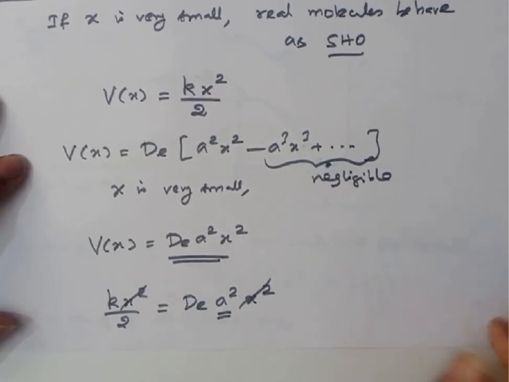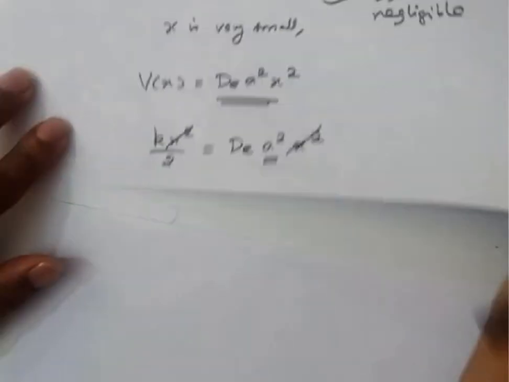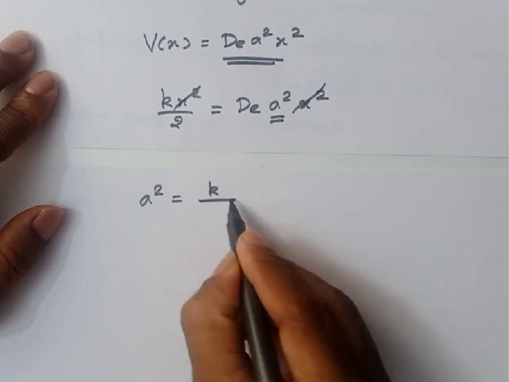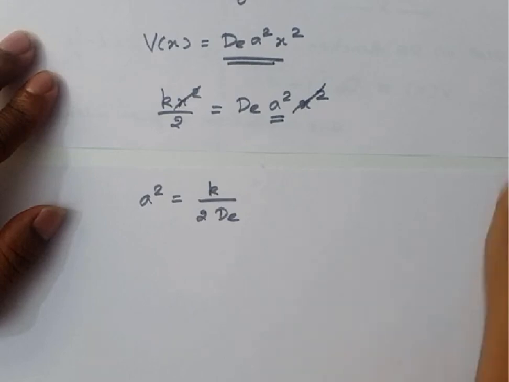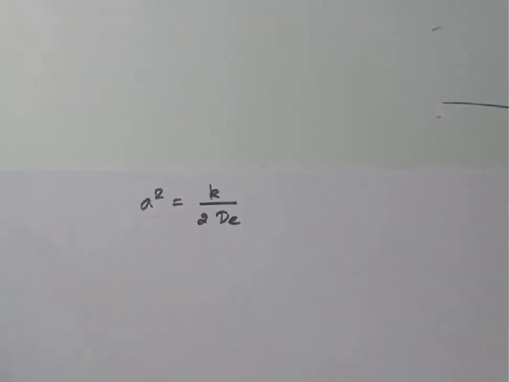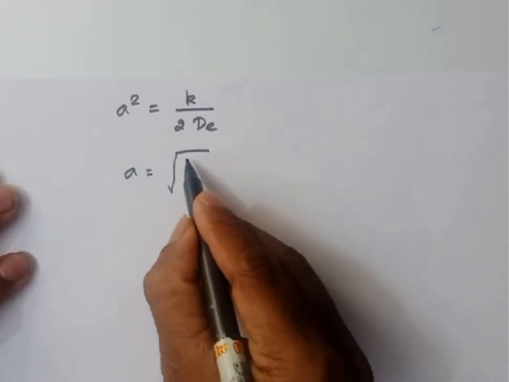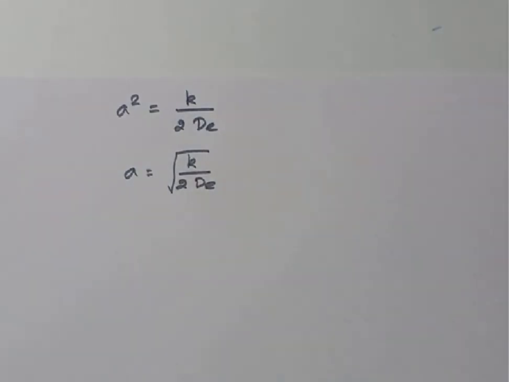So a square equals force constant k by 2 into equilibrium dissociation energy of the molecule. Then a is equal to the square root of k by 2 dE, where k is the force constant of the bond, and dE is the equilibrium dissociation energy of the molecule.